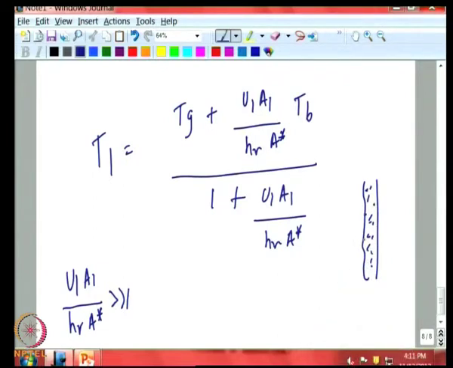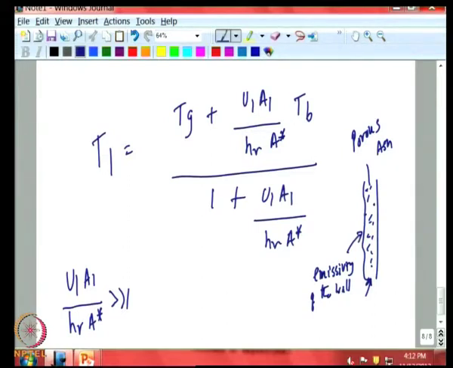The deposit offers higher conduction resistance because deposit is porous ash. So, first it will offer a lot of resistance to heat transfer by conduction. Secondly, it will change the emissivity of the wall. So, both these issues have to be addressed.